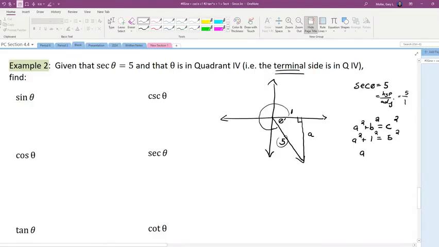Or in other words, a squared equals 25 minus 1, or a squared equals 24. A equals the square root of 24, which is 4 times 6. So a equals 2 square root of 6.